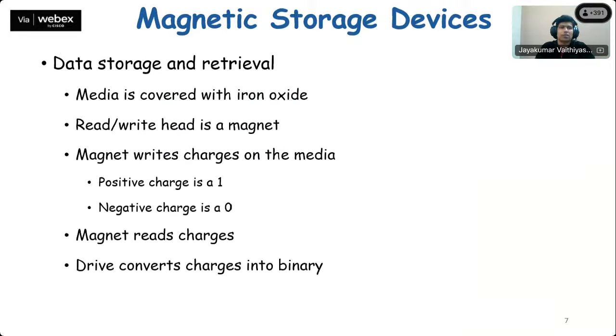With the help of this magnetic storage device, you can store your data and retrieve your data. The media is covered with iron oxide, which has a magnetic property. The read and write head contains a magnet that moves along the tape. The magnet writes charges on the media.